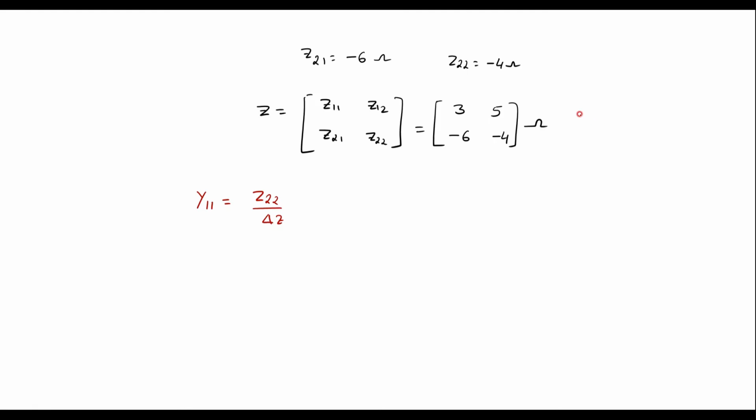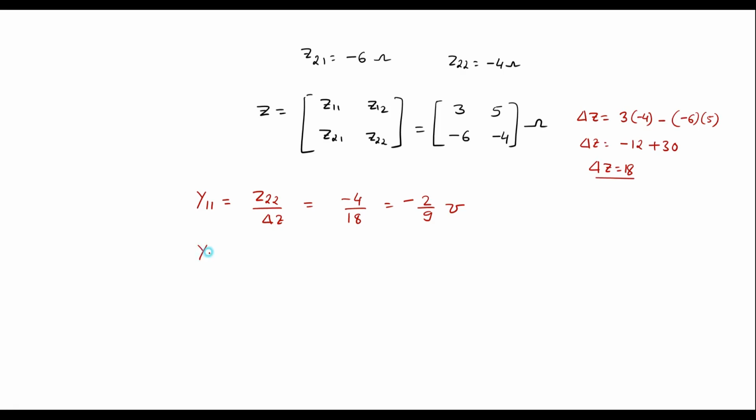Let me calculate delta Z, that is delta Z is equal to 3 into minus 4 minus 5 into minus 6, that is minus 12 plus 30, so delta Z is equal to 18. So here I can substitute Z22 is minus 4 divided by 18, which is nothing but minus 2 by 9 mho.